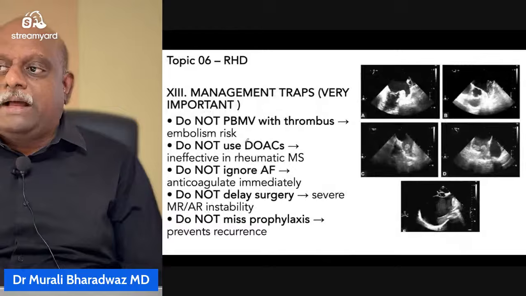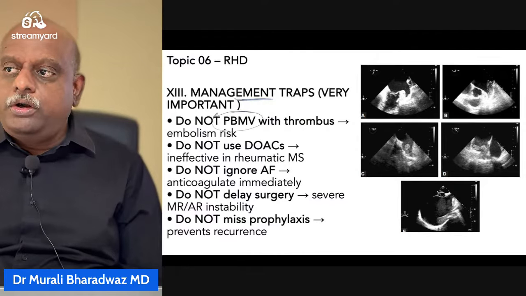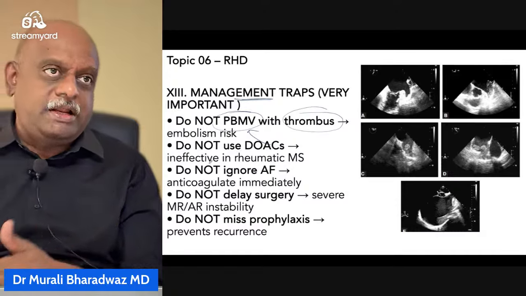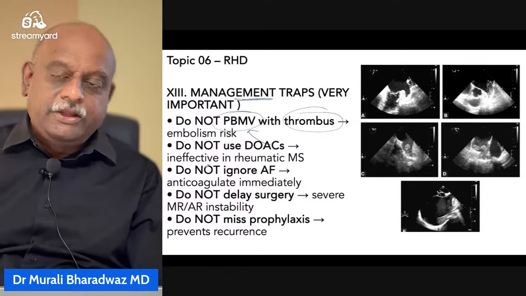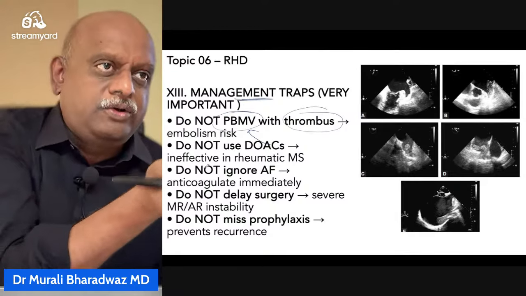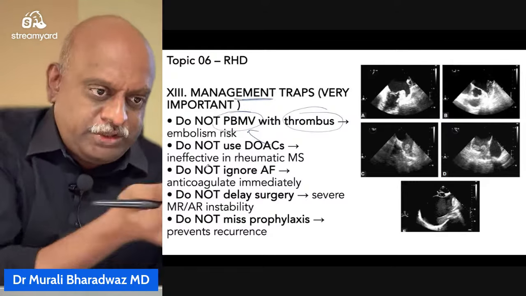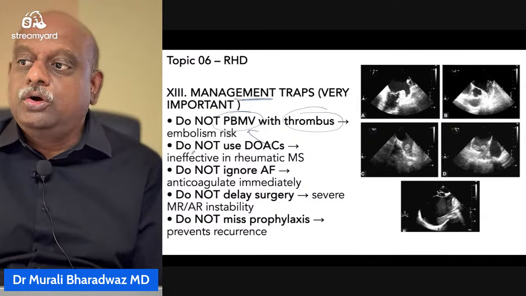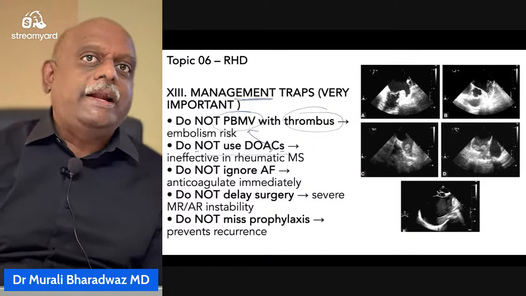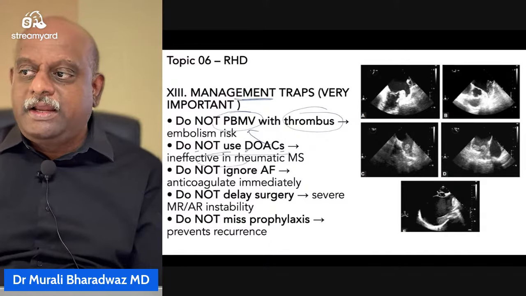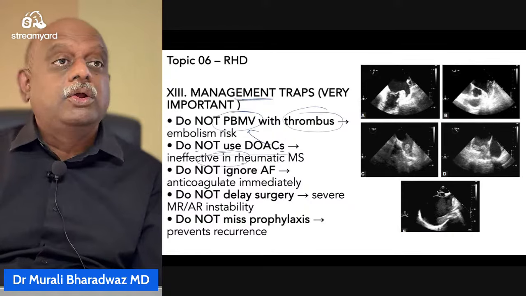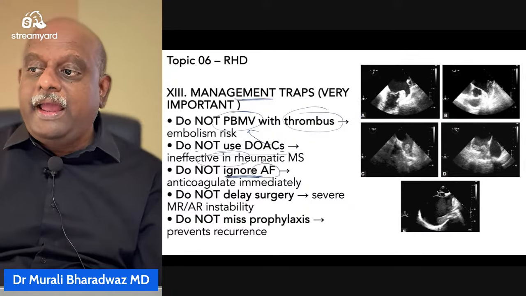Now, important management traps. Don't do percutaneous balloon mitral valvuloplasty if thrombus is there, because it can lead to embolism. You're trying to pass a guide wire and it can dislodge the thrombus, causing embolism. Do not use direct oral anticoagulants in case of rheumatic MS. Don't ignore AF.